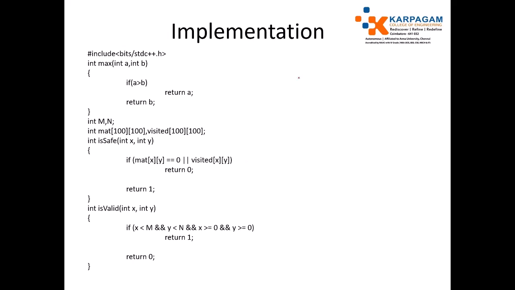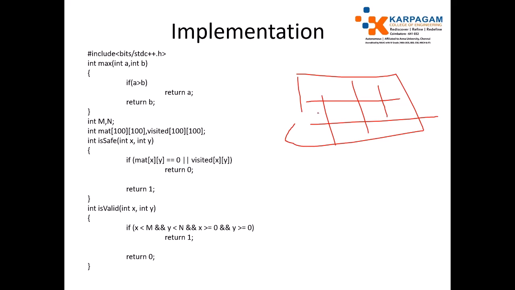Consider a matrix like this, where 1 represents there is a path and 0 represents there is no path. Consider we start from here and need to end here.